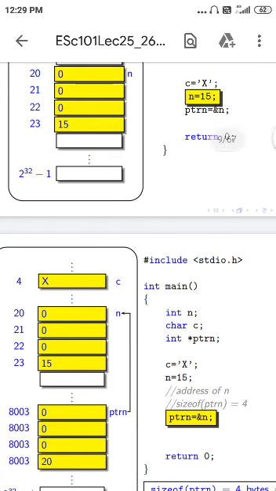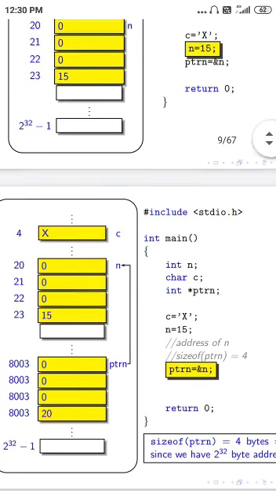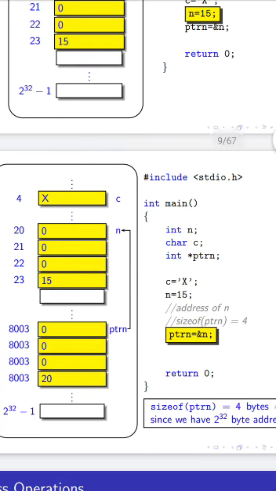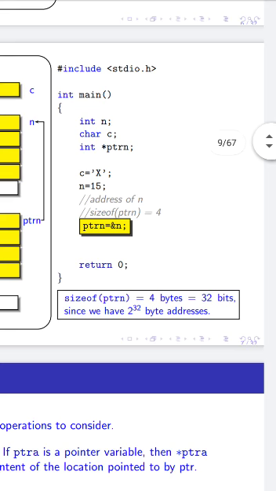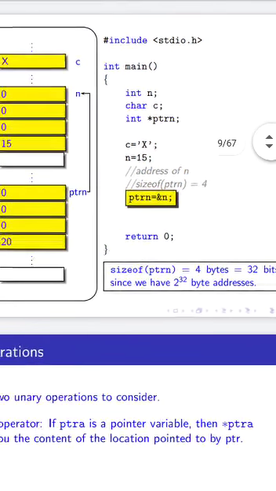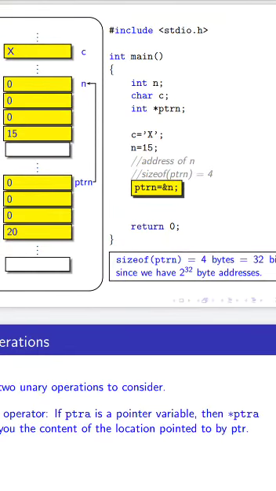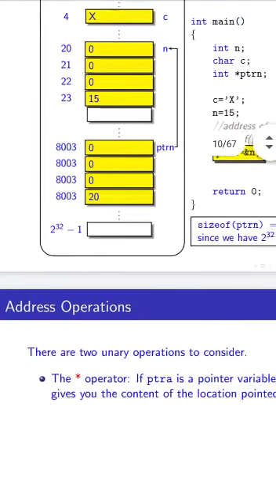Here 20 is the front address, the first address, which will be stored into ptrn. That means 20 will be stored into ptrn. The size of ptrn equals 4 bytes, equals 32 bits, since we are taking a 32 bit processor.